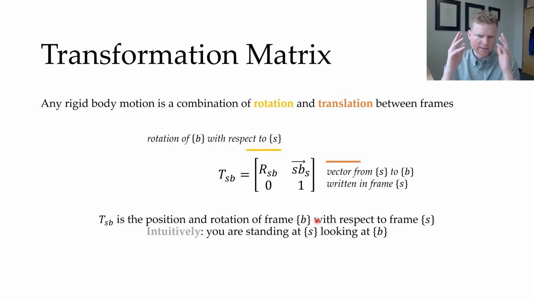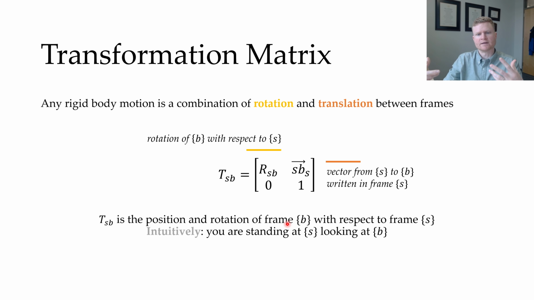Now, let me look at this again and start thinking about the subscripts we provide to define what this transformation is. Intuitively, T_SB, this transformation matrix, is the position and rotation of frame B with respect to frame S. I like to think about this as I am standing in S and I'm looking at frame B. I'm trying to think about how it has moved and rotated with respect to me.